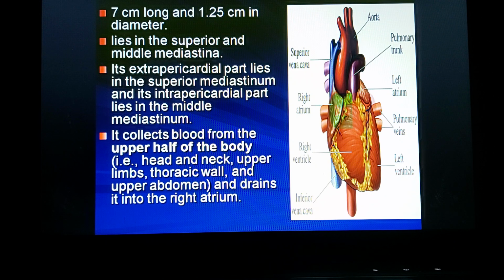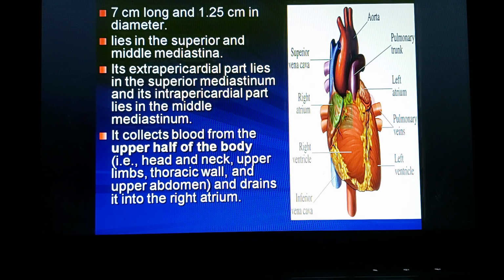So this superior and middle mediastinum contains its extrapericardial and intrapericardial parts. Its extrapericardial part lies in the superior mediastinum, and its intrapericardial part lies in the middle mediastinum.